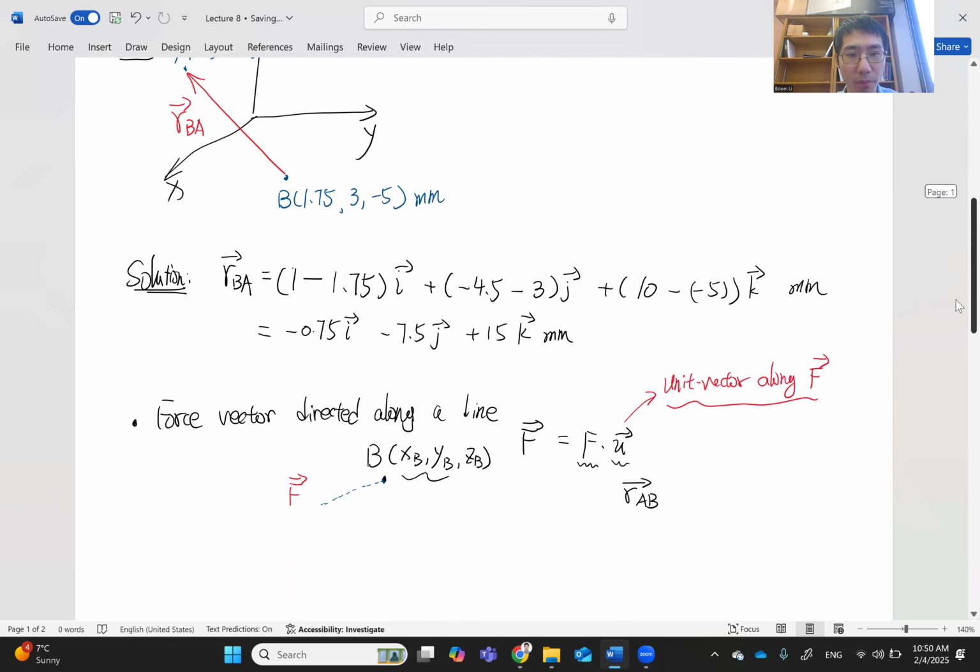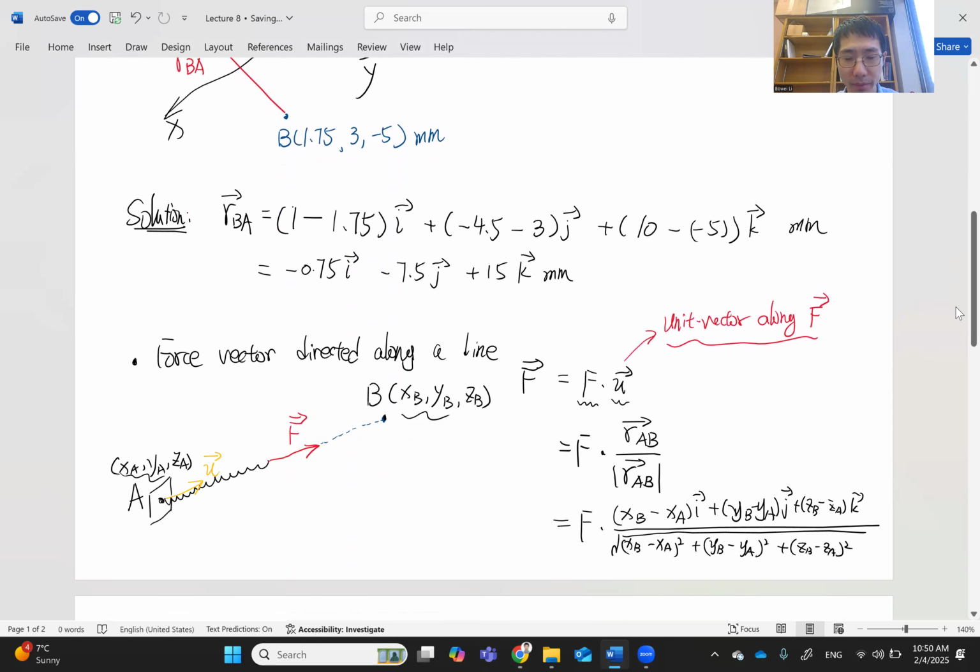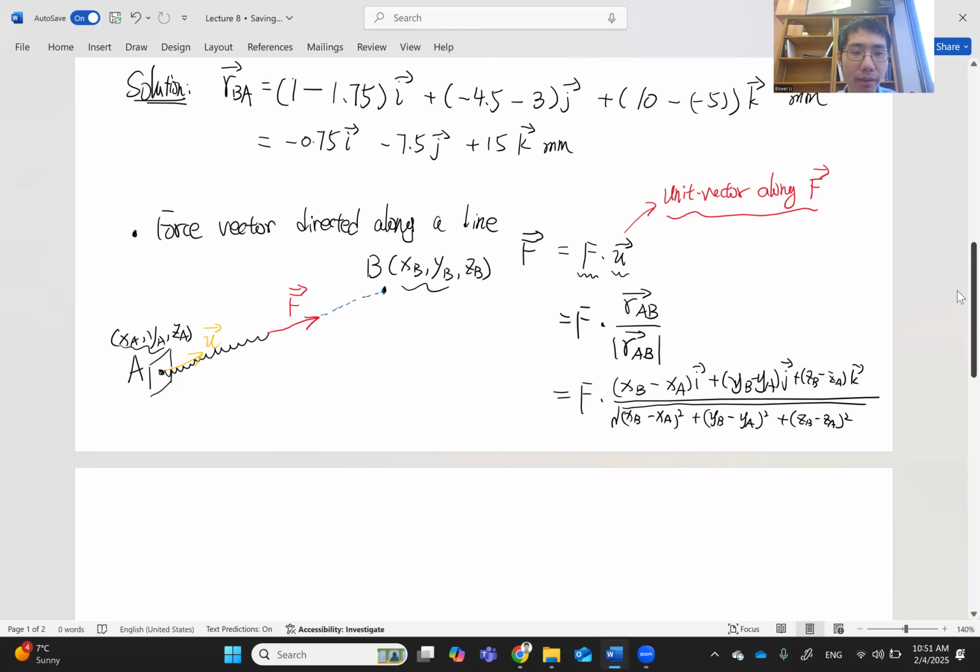After the example, we also introduced that if a force is along the position vector from one point to another, specifically for this example a force from A to B, then we can find the Cartesian format of the force given the magnitude F and the coordinates of the start and end points. We express the force as the magnitude times the unit vector along the line from A to B. The unit vector is the position vector from A to B divided by its own length.